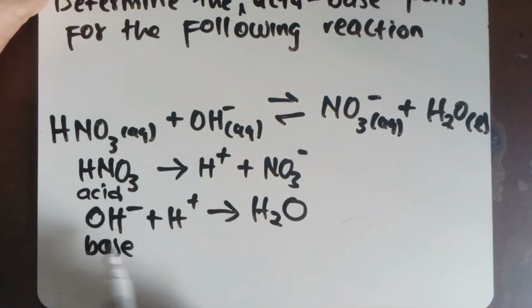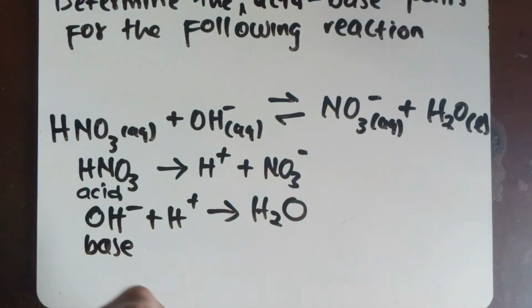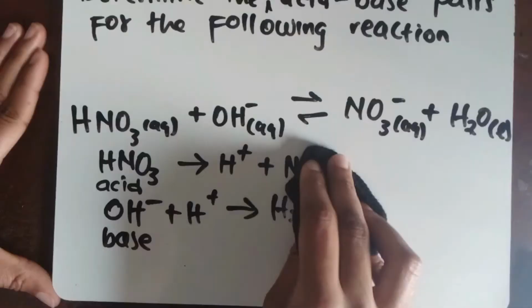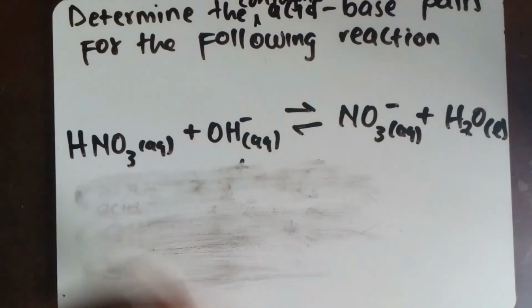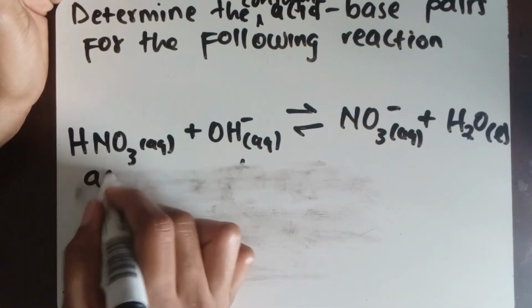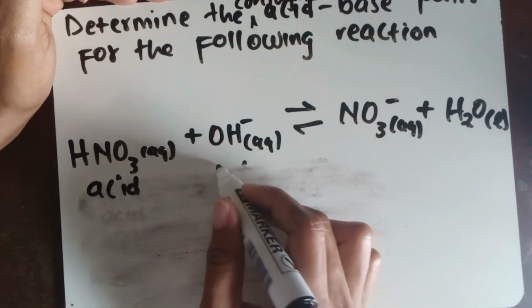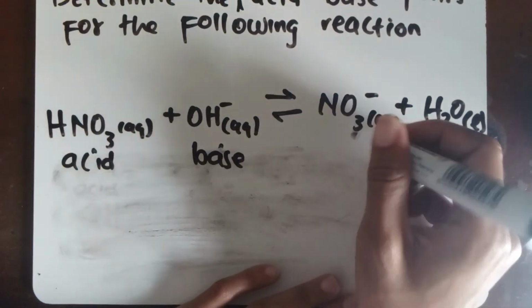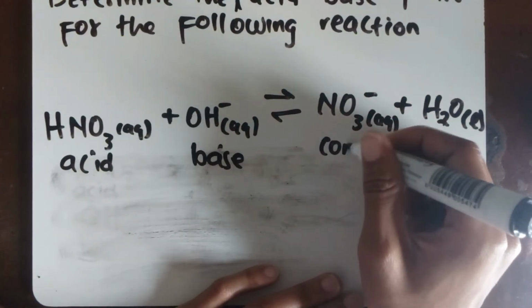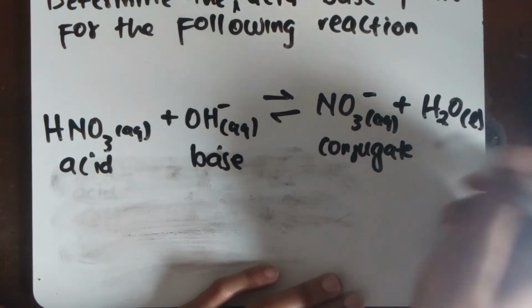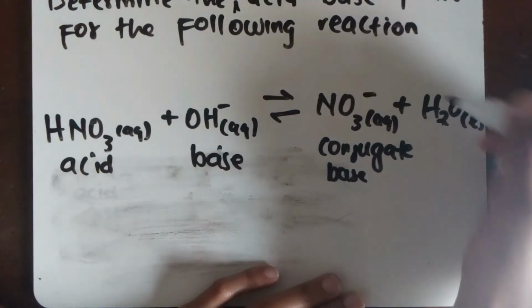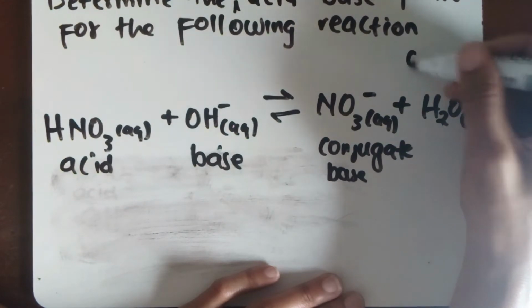So now if you've identified that nitric acid is the acid and the hydroxide is the base, it's easy to know which one is a conjugate acid and which one is a conjugate base, right? So we said this is the acid, this is the base, and now it's just going to be the opposite. NO3 minus will be the conjugate base, and the water over here will be the conjugate acid.